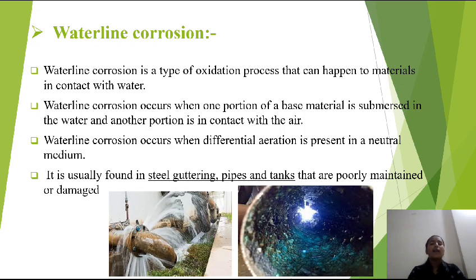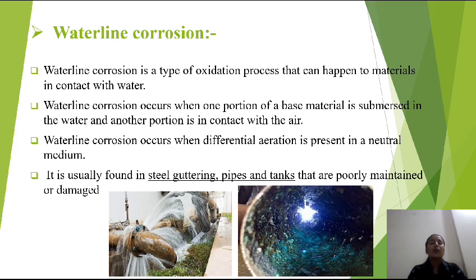Next, waterline corrosion. Waterline corrosion is a type of oxidation process that can happen to materials in contact with water. It occurs when one portion of a base material is submerged in the water and the other portion is in contact with the air.